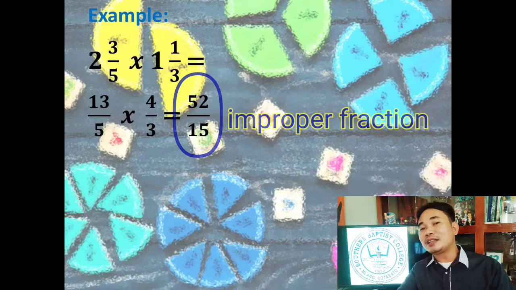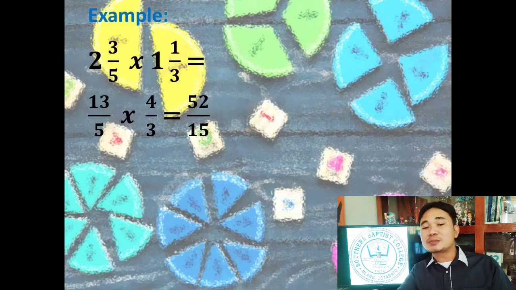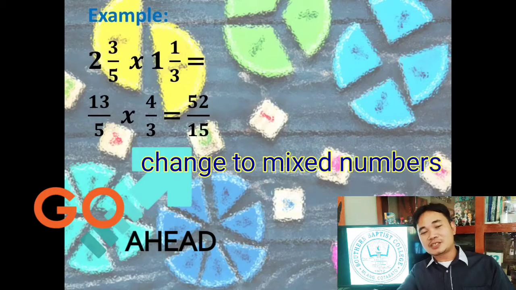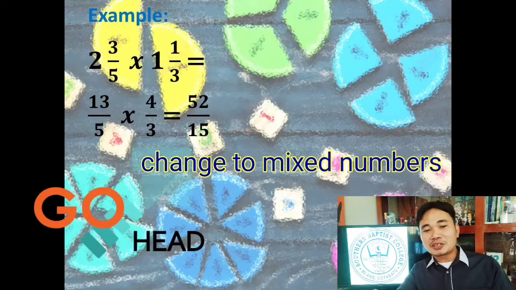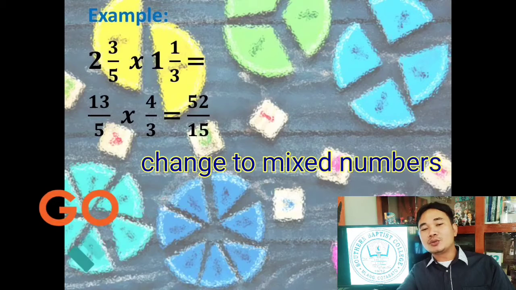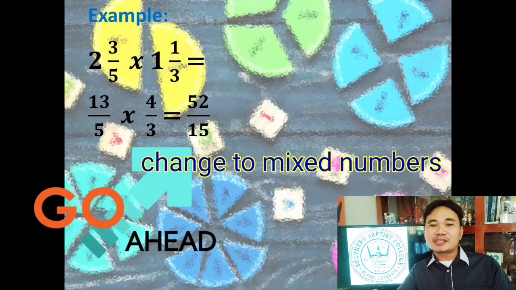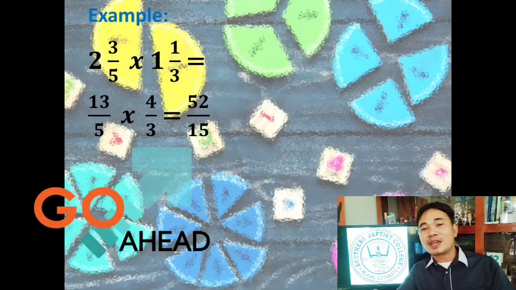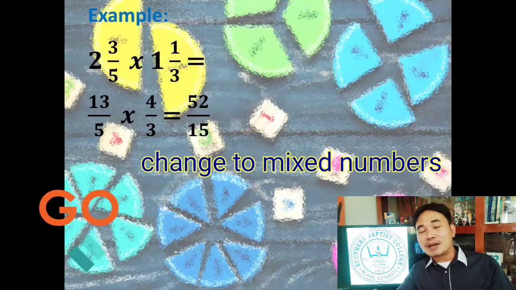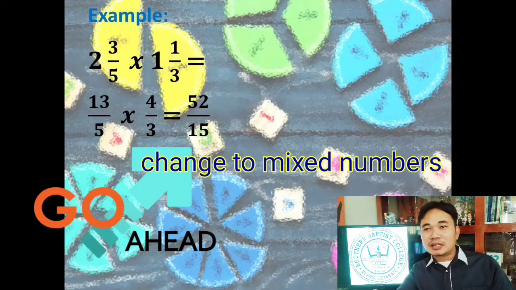The last one, the fourth one, is we need to express the improper fraction as a mixed number. So the next question is how we are going to express an improper fraction as a mixed number. Yan yung magiging question natin. Kasi meron na tayong simplifying fractions in grade 5, I hope it is much faster for you.